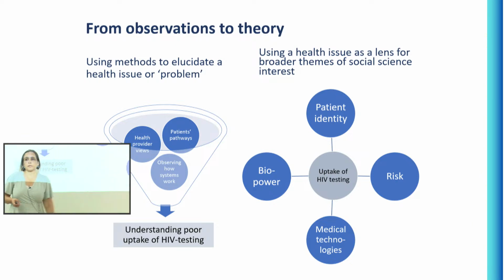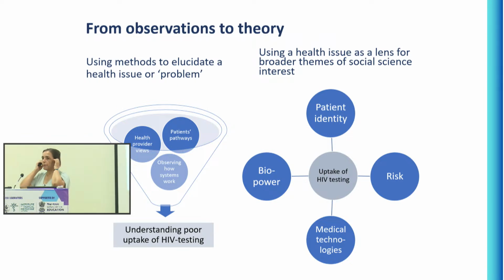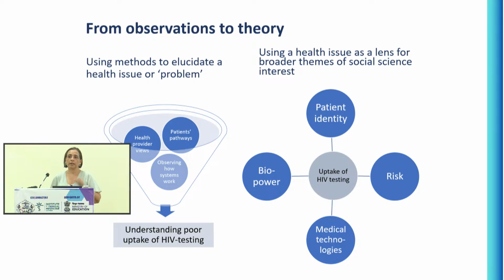Another direction is it has something to do with medical technology. So, for example, there is research, and we did a little bit of this in some countries, in Kenya, to look at what it means to move from provider-initiated testing through to self-testing. And the fact that there may be variable uptake of HIV tests might have something to do with the evolution of the way service delivery has happened.